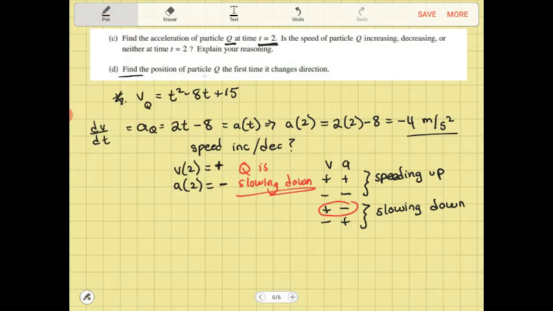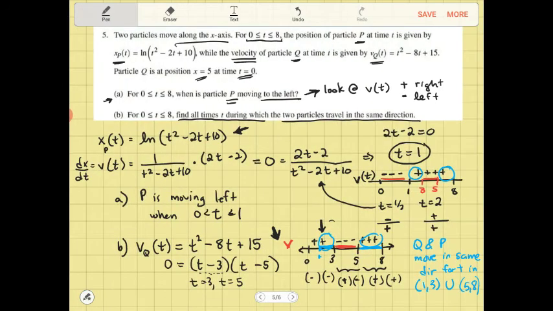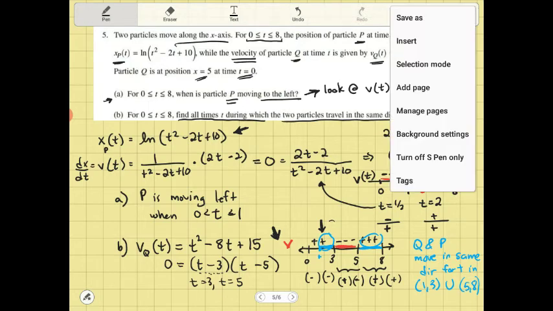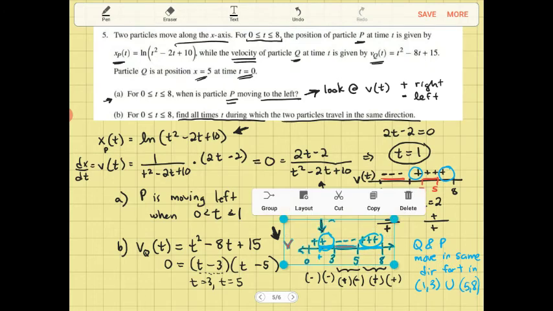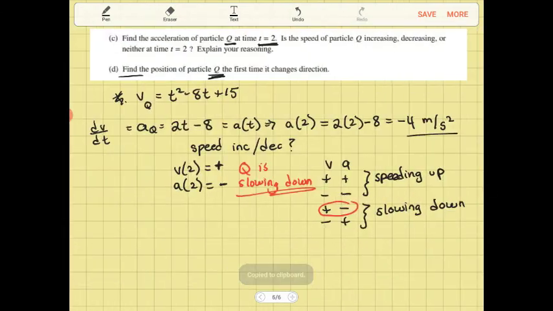Find the position of particle Q the first time it changes direction. So let me take another look at the number line for this velocity of particle Q, which is going to help us figure out the position.